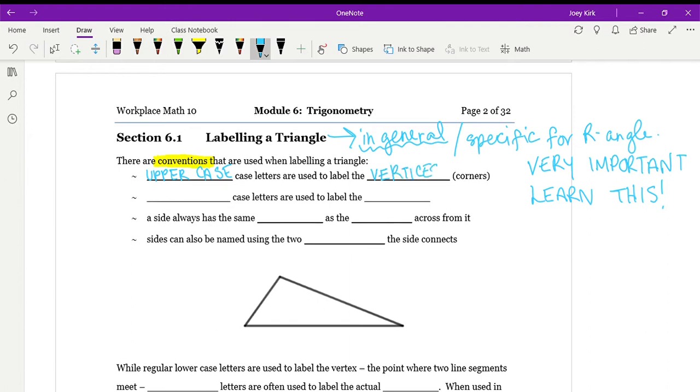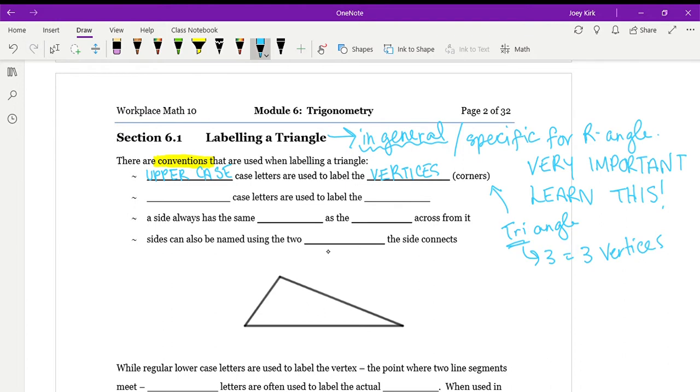It is a triangle. Tri means 3, right? Triangle, tri means 3 equals 3 vertices. All right, so there will always be 3 vertices because we're dealing with a triangle.